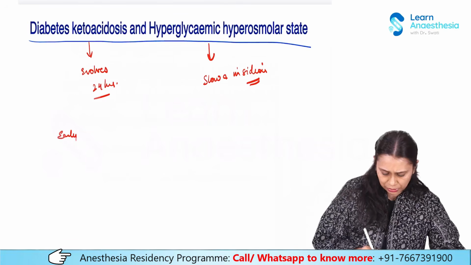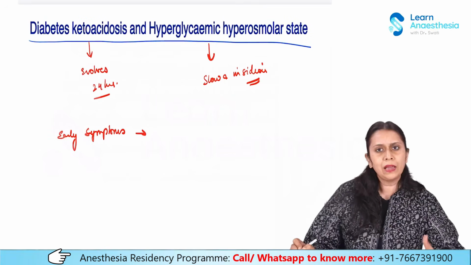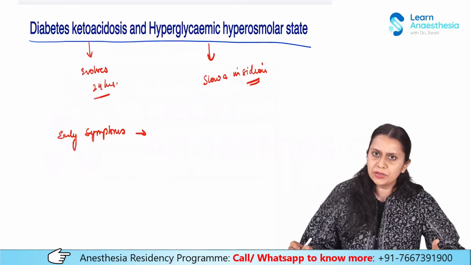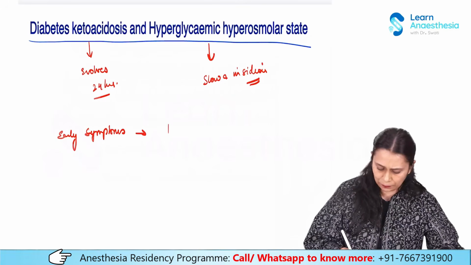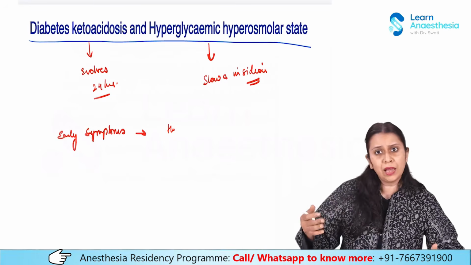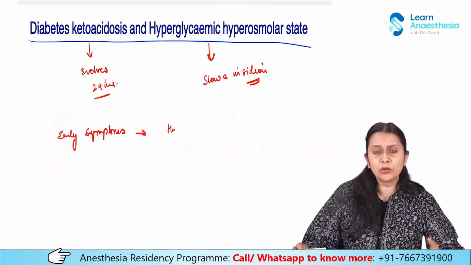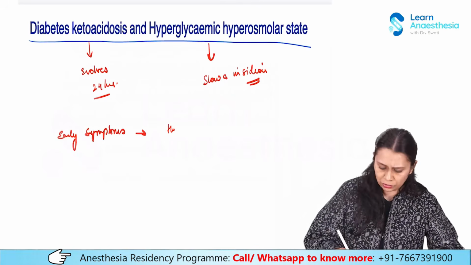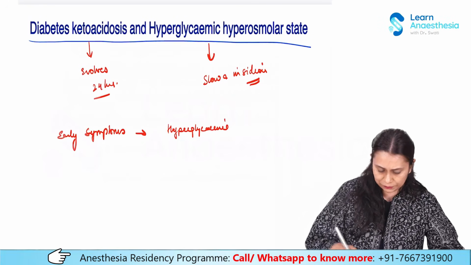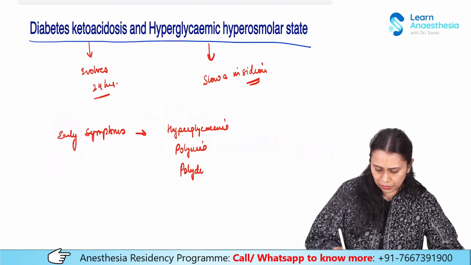The early symptom of both the states is, of course, hyperglycemia, and because of hyperglycemia, the patient presents with polyuria, polydipsia, and weight loss. Because of the hyperglycemic state, polyuria results in more and more diuresis, dehydration, and weight loss. So, the patient presents with hyperglycemia, polyuria, polydipsia, and weight loss.